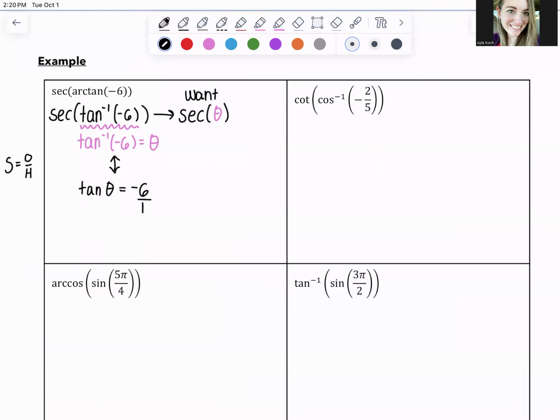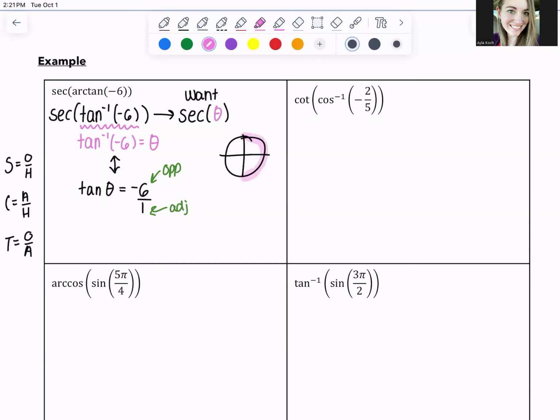I like to think of this as -6/1. Remember our TOA. So this is opposite. This is adjacent. We're going to do an all students take calculus to figure out what quadrant we're in. This is tangent inverse.